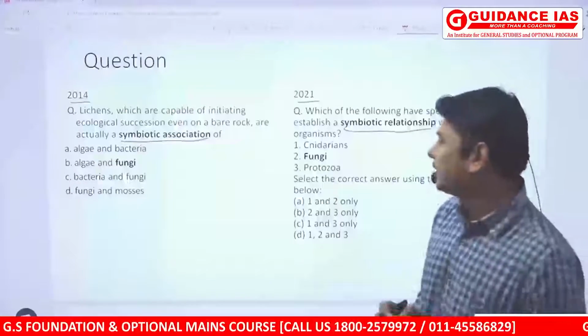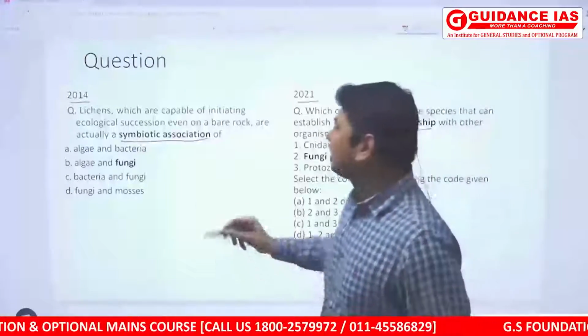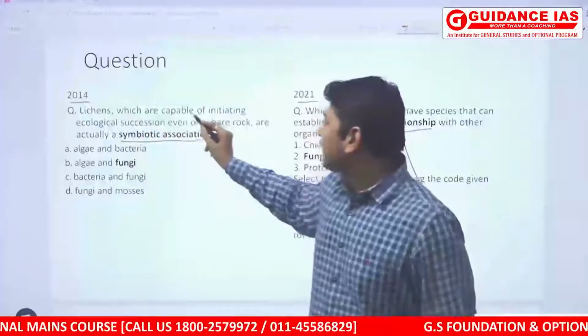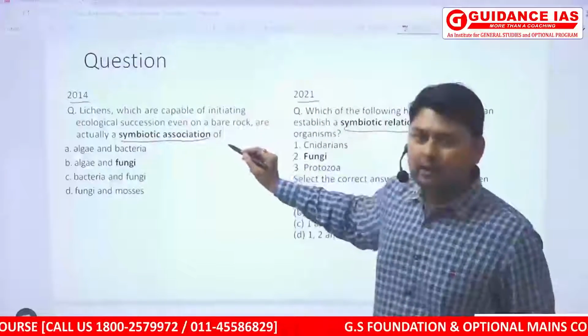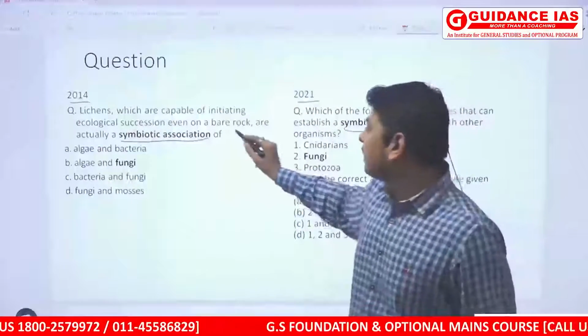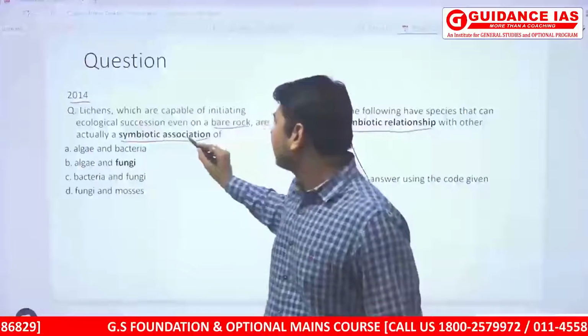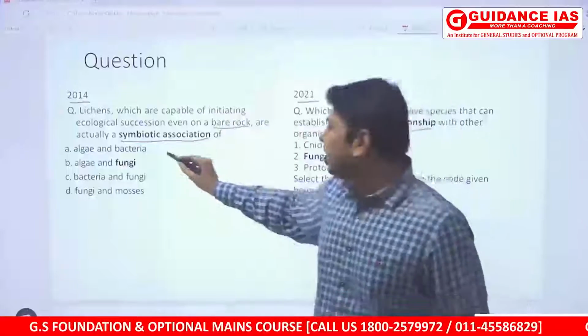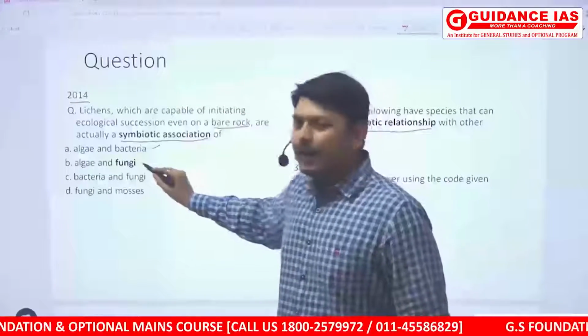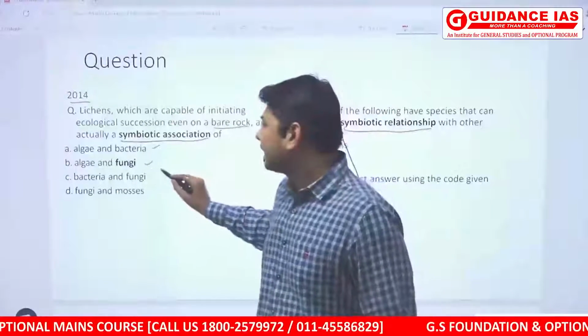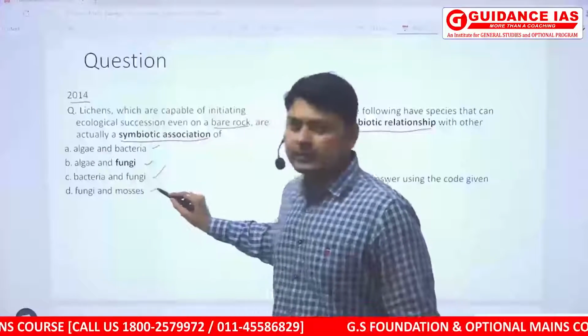We'll be seeing afterward. First we'll see the question. Lichens, which are capable of initiating ecological succession even on a bare rock, are actually a symbiotic association of algae and bacteria, algae and fungi, bacteria and fungi, and fungi and mosses.